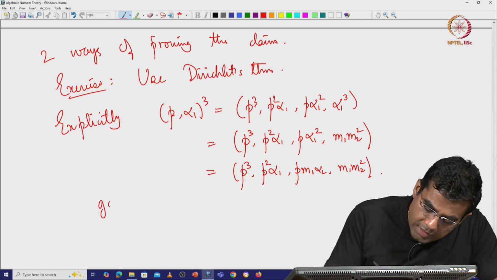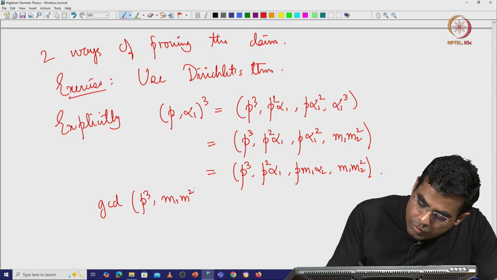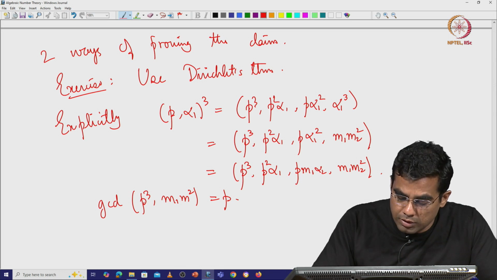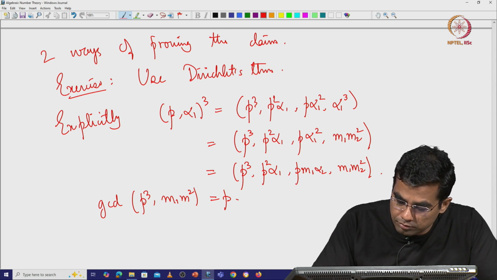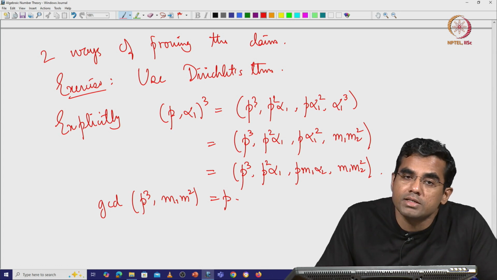Now, you notice that the GCD of p cubed and m1 m2 squared is equal to p. So, the ideal generated by these two is precisely p.